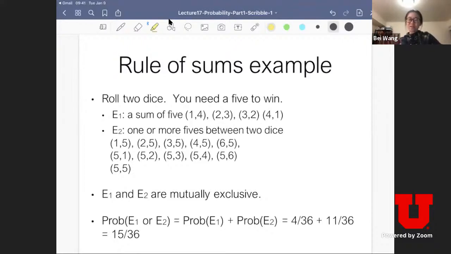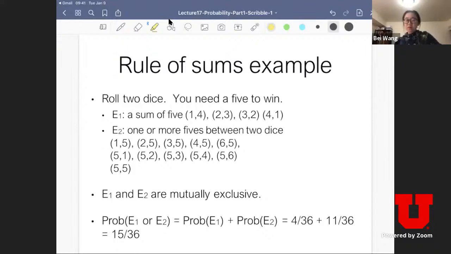So there are 4 different scenarios where the sum of the dice is 5. Now, the second type of event where you get a 5 is when 1 or more of the 5s shows up between the 2 rolls. So maybe the first roll is a number 1, the second one is a 5, or the first one is a 2, the second one is a 5, and so on. You can enumerate all those possibilities. That is the second event.